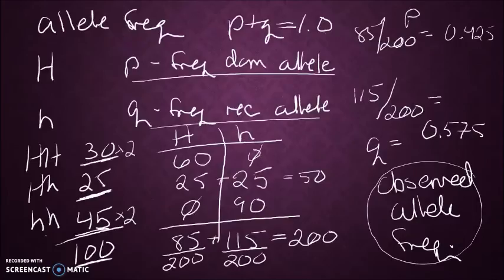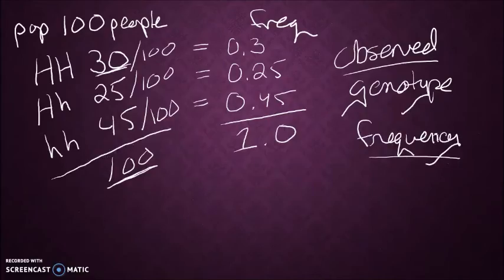So if you remember back, this was our observed frequencies. So let's just put this all together on one page, just to make it easier for us to do if we have it all in one spot. So our big H, big H, little h, and then little h.